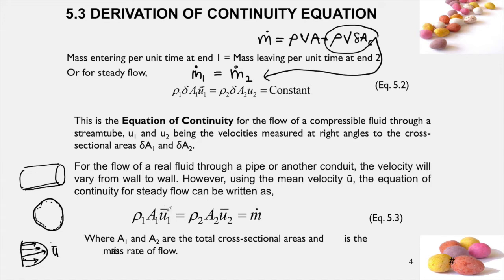There is a bar here, meaning average velocity, and it is equivalent to rho 2 A2 U bar 2, where A1 and A2 are the total cross-sectional areas of section 1 and section 2. So area 1 is the cross-sectional area at 1 and area 2 is the cross-sectional area at 2.